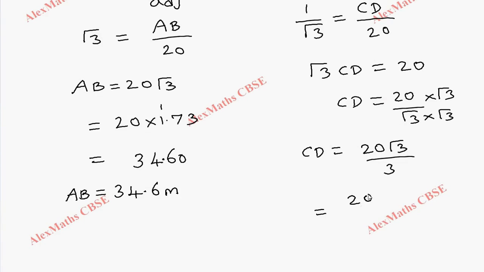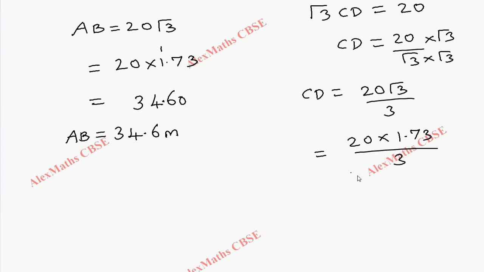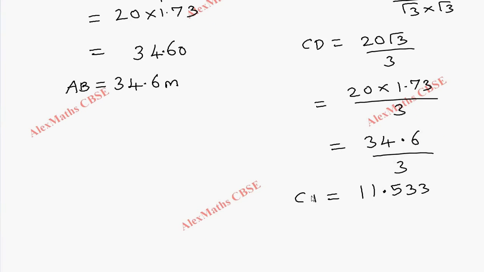Now 20 into root 3 is 1.73 divided by 3, and already we performed the multiplication here, that is 34.6 divided by 3. After division, one time, then again one time, remainder is 1, then 5 times 15, remainder is 1, and I put 0 3 times, so 3 keeps going like this, and CD we got.